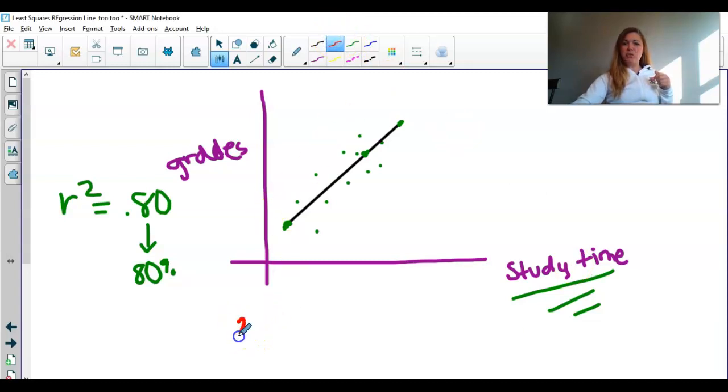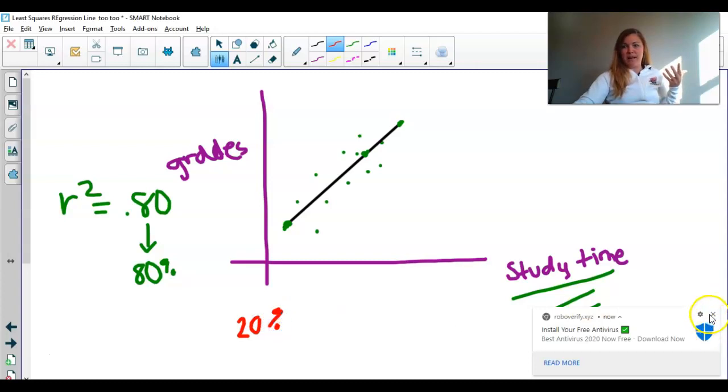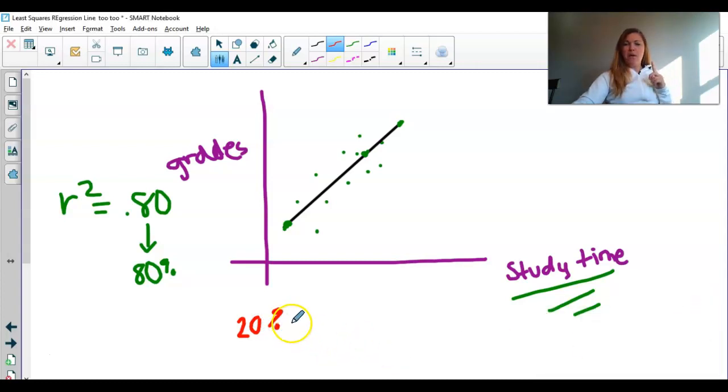But there's an extra 20% missing, right? Because out of a percentage, it's got to add up to 100%. The extra 20% means 20% of the change is because of something called lurking variables, meaning, hey, X is study time. That's influencing Y, our grades.